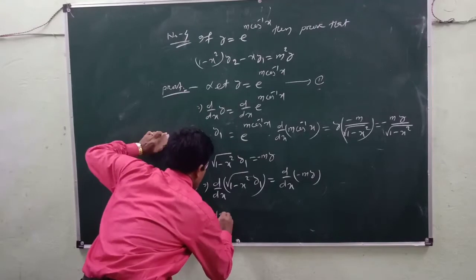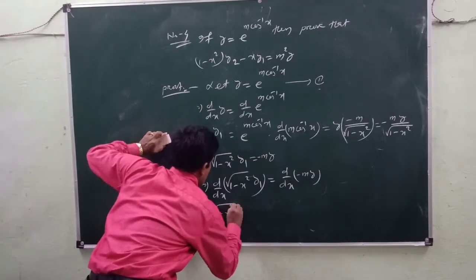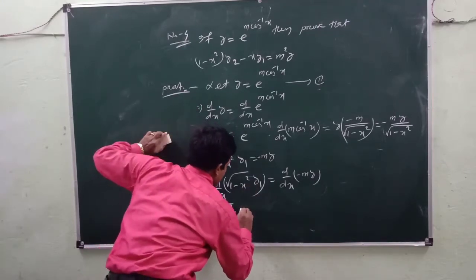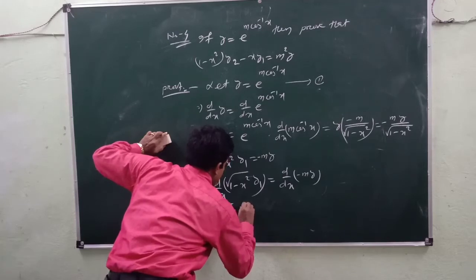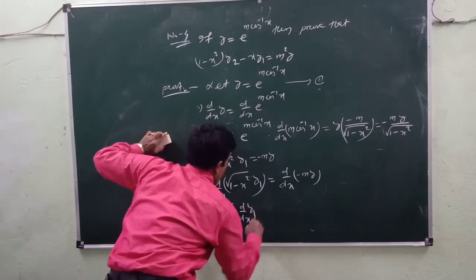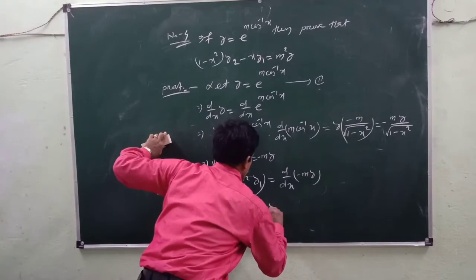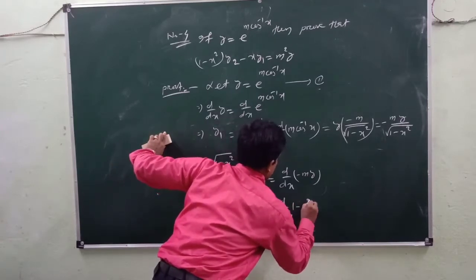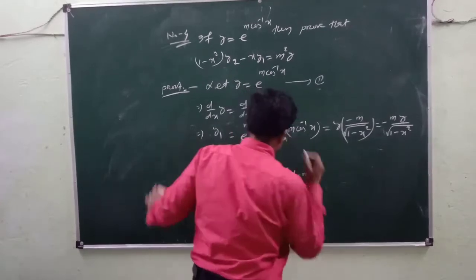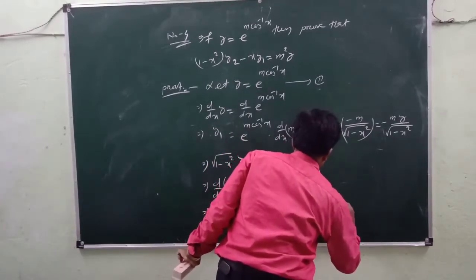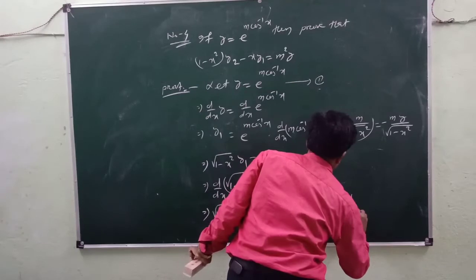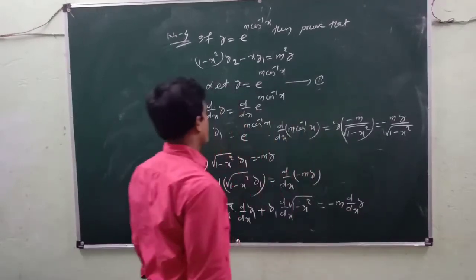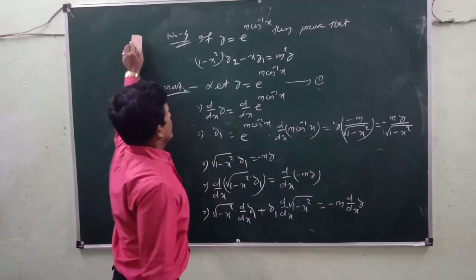The square root of 1 minus x square into derivative of y1, plus y1 into d by dx of square root of 1 minus x square, that equal to minus m d by dx of y.